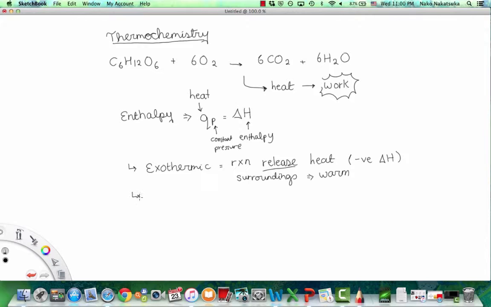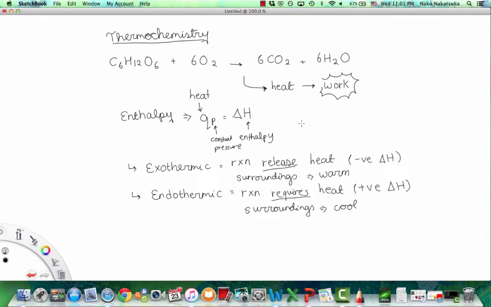Okay, the other reaction is called endothermic. This is a reaction that requires heat. As you can guess, it's the opposite delta H or enthalpy value, since heat is moving in the opposite direction. So it's positive now. And since the reaction requires heat, the surroundings actually end up getting cooler because it takes up heat.